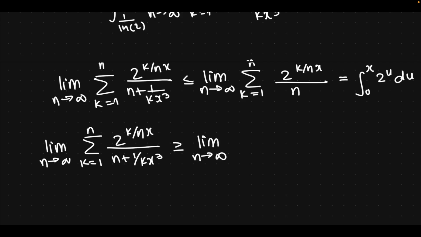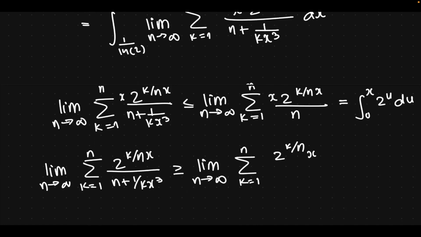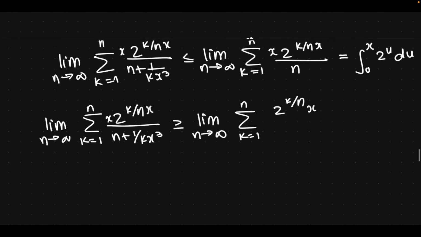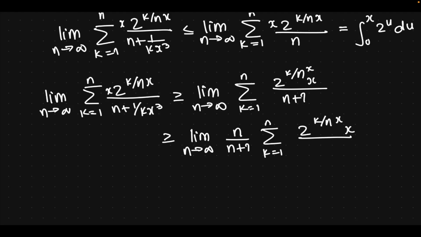Limit n goes to infinity, sum k equals 1 to n, 2 to the k over n, x, sorry, there should have been an x here from the previous step, over n plus 1, which is greater than or equal to the limit n goes to infinity of n over n plus 1, so we multiply and divide by the n, 2 to the k over n times x over n.